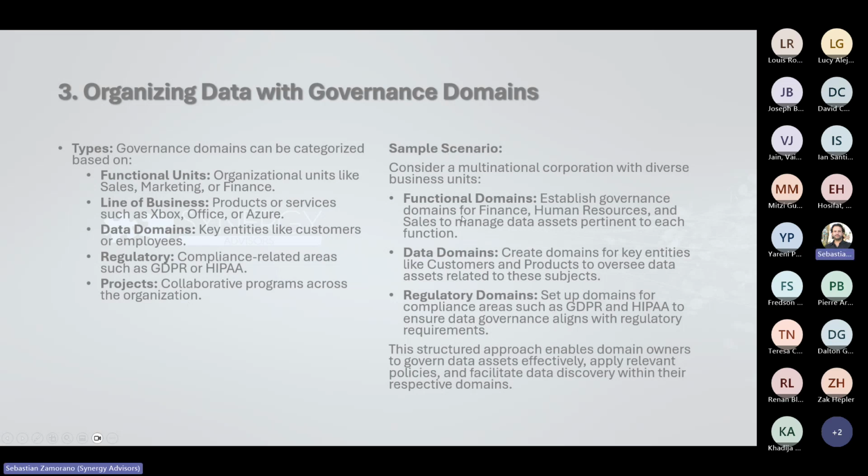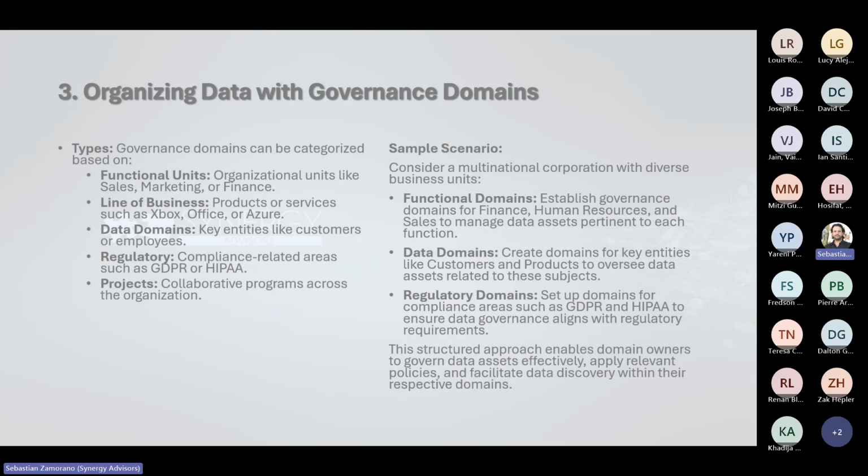And here, a sample scenario for a multinational corporation that has diverse business units. We can split the information between the different business units, and when we talk about multinational worldwide companies, we need to accomplish certain kinds of assessments or laws or regulations.